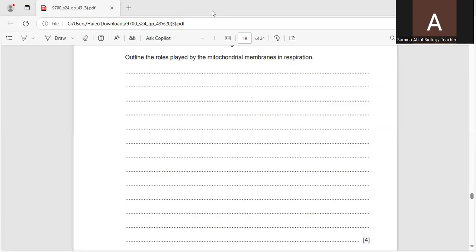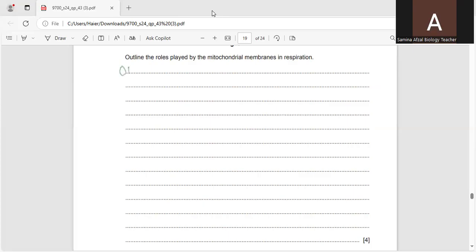This process generates a proton gradient across the membrane. I think the question is only of 4 marks, so this description is enough. I would like to write the answer in the given space. First of all, we will write about the outer membrane, and then about the inner membrane.